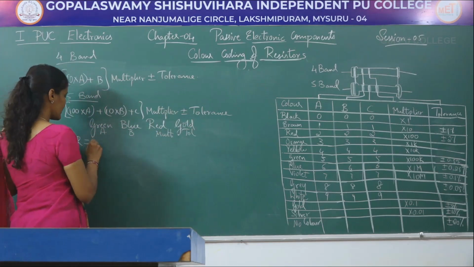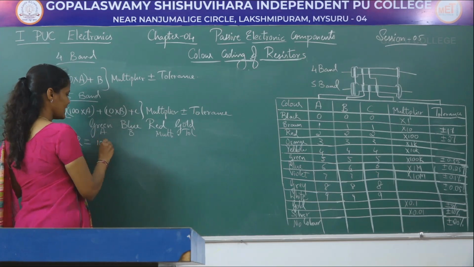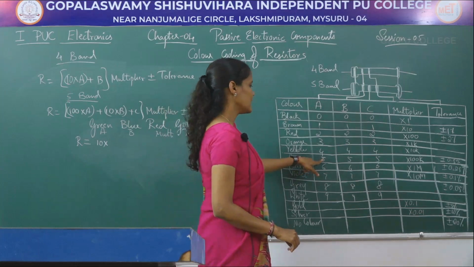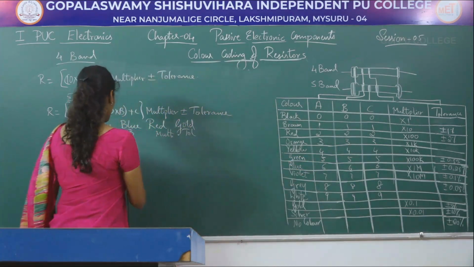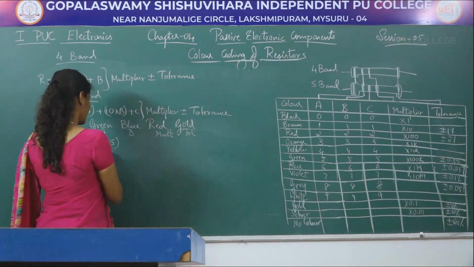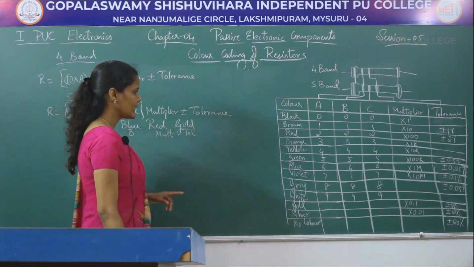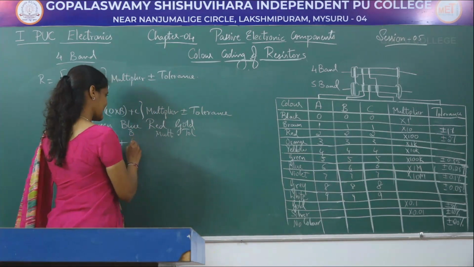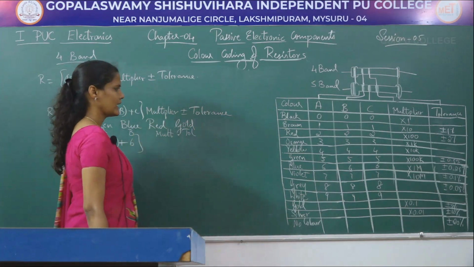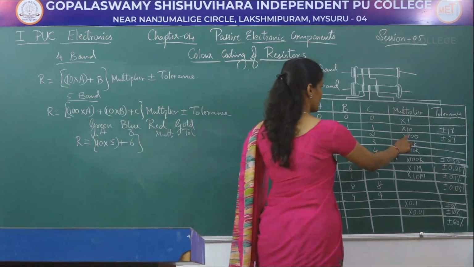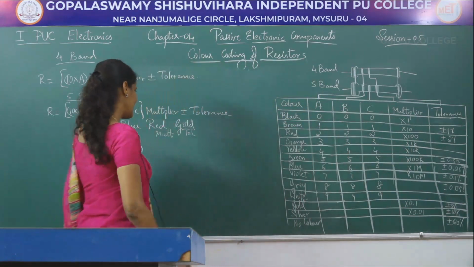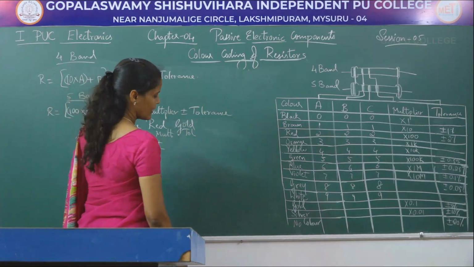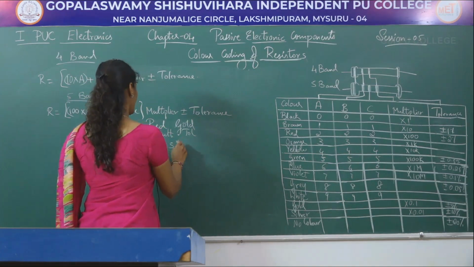So I can use this formula: R is equal to 10 into the value of A corresponding to green color, which is 5, plus the value of B corresponding to blue color, which is 6, and the multiplier corresponding to red is equal to 100, plus or minus, for gold, the tolerance value of 5%.